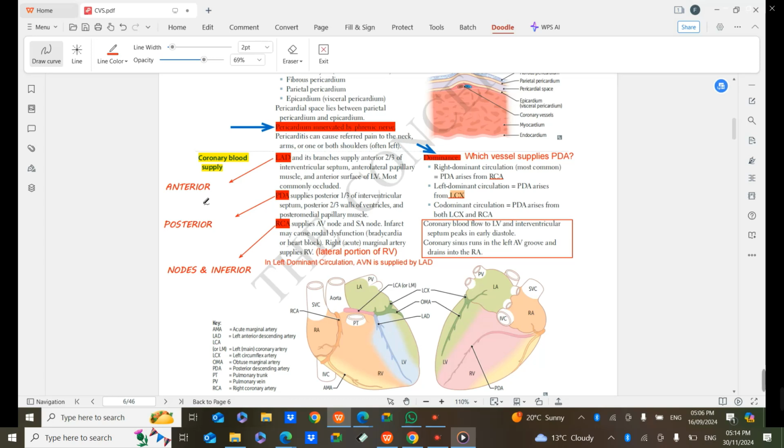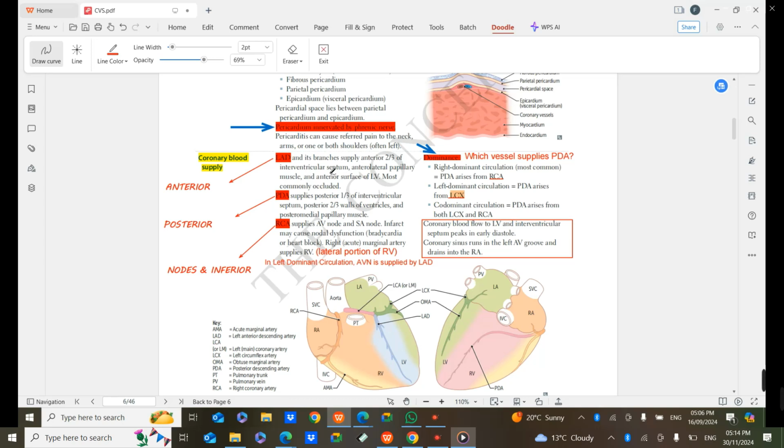If they give a question where the patient is having myocardial infarction and most of the anterior leads are showing ST segment elevation, and the question is which vessel is affected, just go for LAD, that's all. Left anterior, you can see anterior is part of the name. So I do not know why you will go for another name.